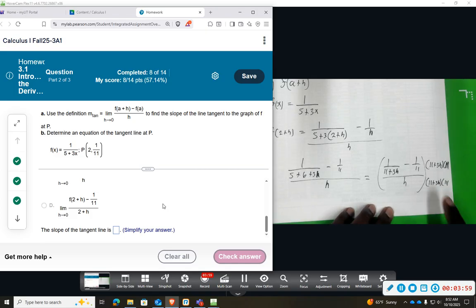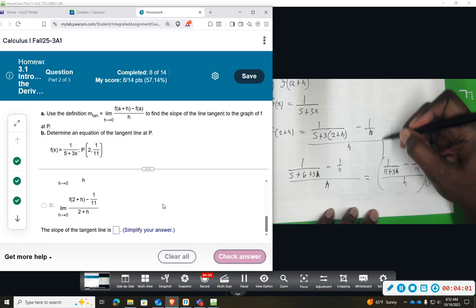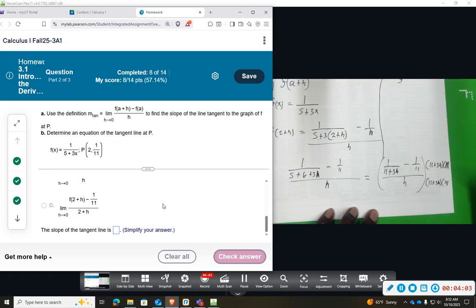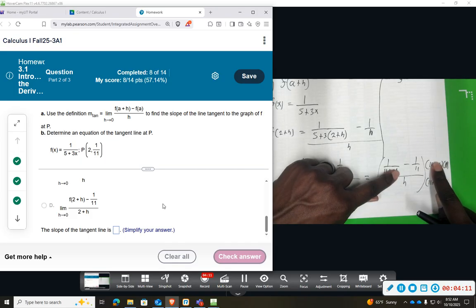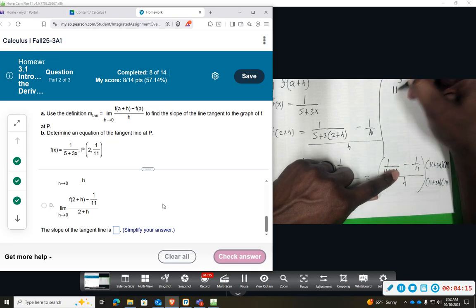Okay, so what happens, I'm going to come up and just work my way down. What should happen is when I multiply both terms times this fraction, the 11 plus 3h will cancel out, leaving me with the 1 times 11, which will give me 11.